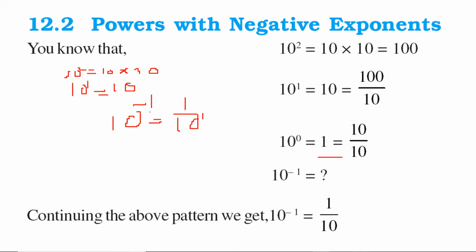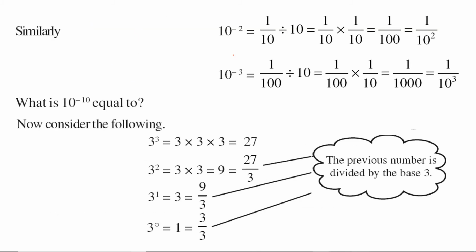So you have to reciprocate it, means take the reciprocal. So 10 to the power minus 2 is nothing but 1 by 10 square. And 10 square is 10 into 10, that is 1 by 100.